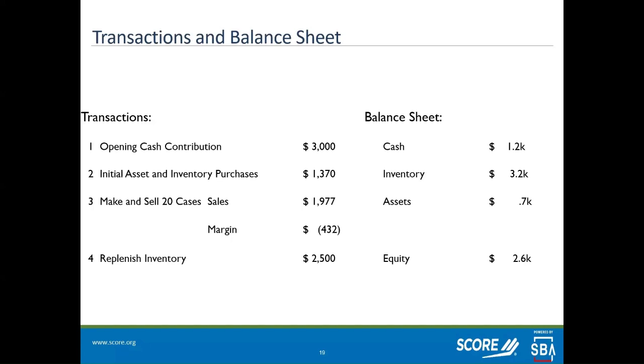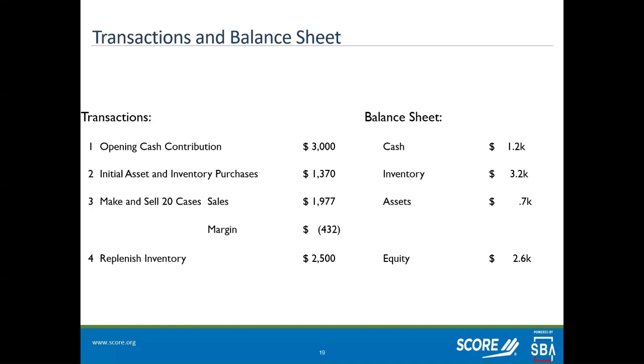And we can see the net effect of this on our balance sheet. You can see the cash position, inventory, our fixed assets, which are the investments, sorry, that were for the workbench and for the shelving a little bit earlier. And we see now we have equity of $2,600.